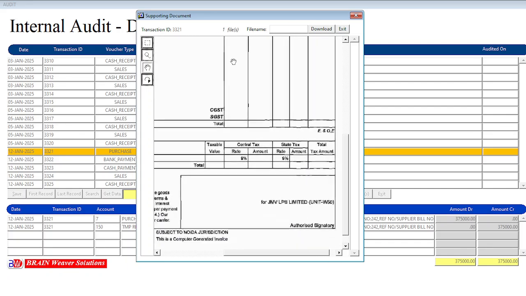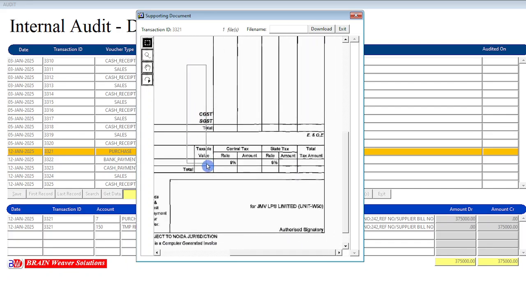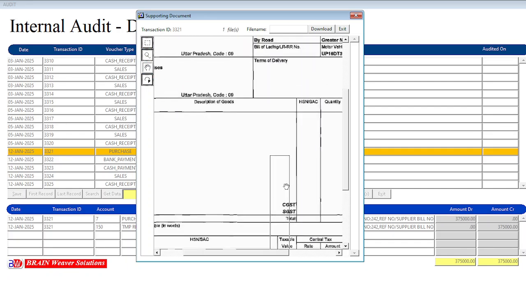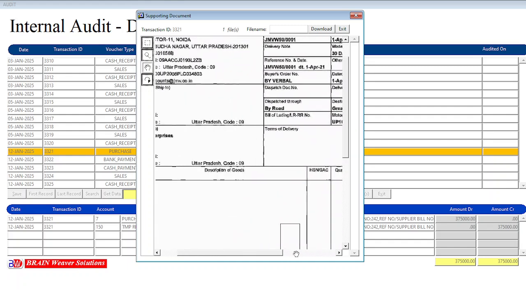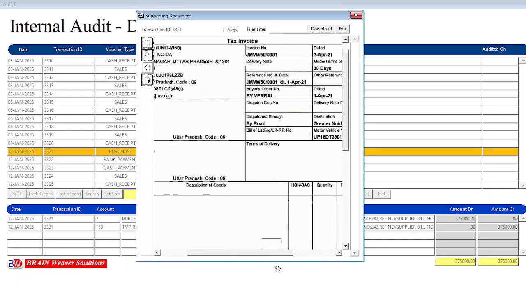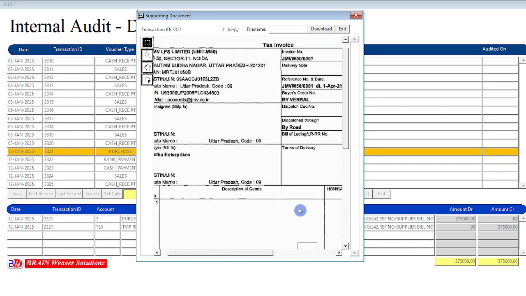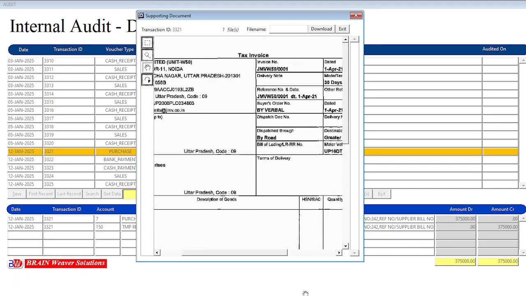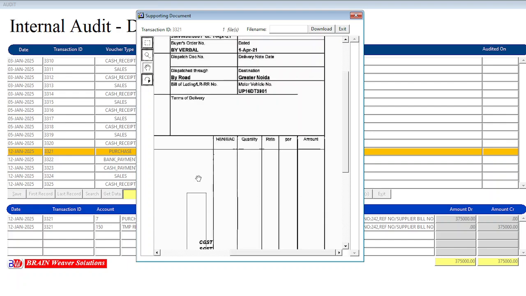Otherwise, the auditor can verify the correctness of this transaction with the help of this e-invoice copy we have attached with this voucher. So instead of finding the supporting documents in the physical file, the auditor can very easily find them in the computer system itself.